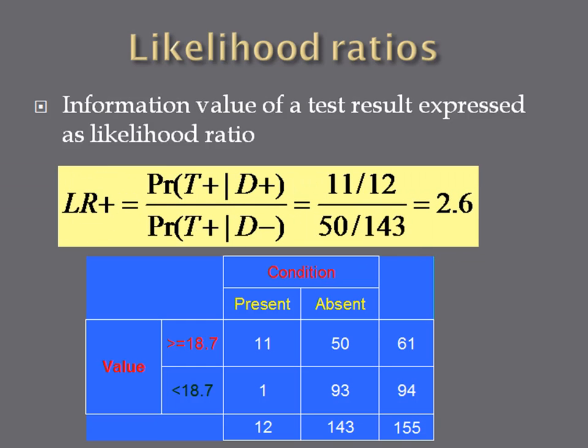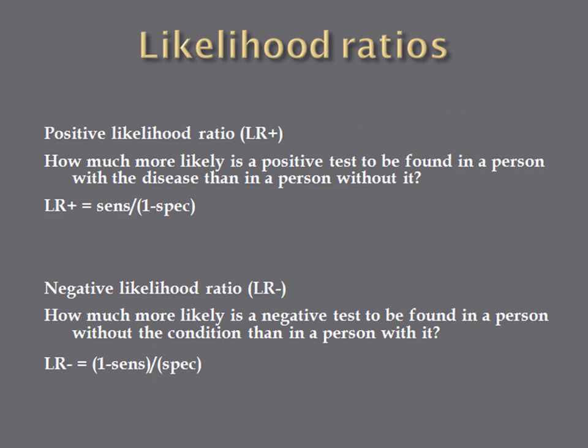So here's an example of the formula used to arrive at likelihood ratios, but we won't spend time with this because it's too much math and unnecessary when applying it to our patients. But I want to point out that likelihood ratios are derived from calculations that use sensitivity and specificity.